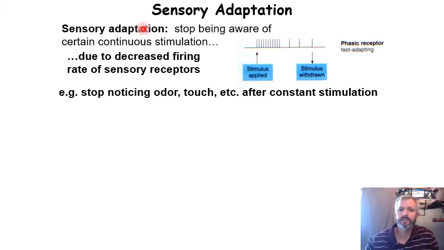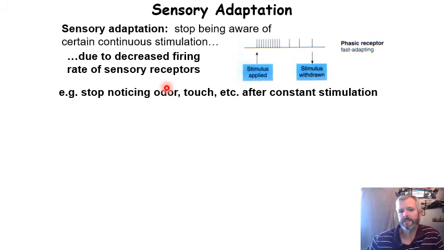Sensory adaptation keeps you from being aware of, say, a continuous stimulus. You're still sitting on the chair, you're still having pressure on the leg. Those receptors are still getting stimulated, but you're not consciously thinking about it because they are phasic receptors. They are fast adapting. This is what happens with these receptors.